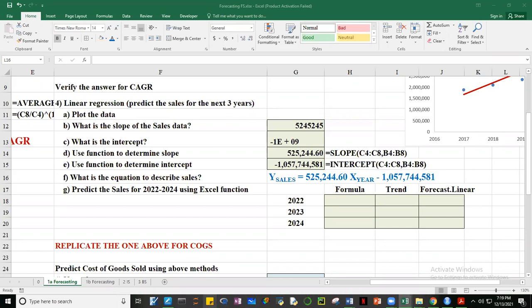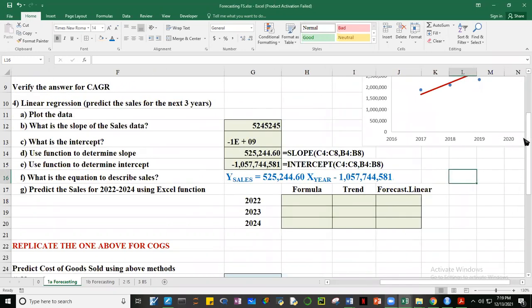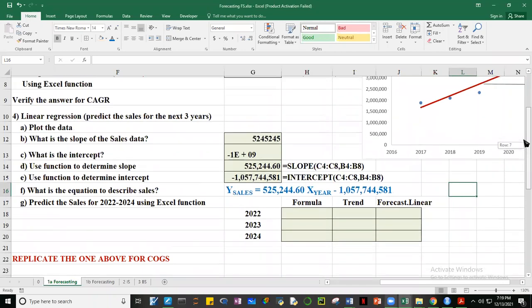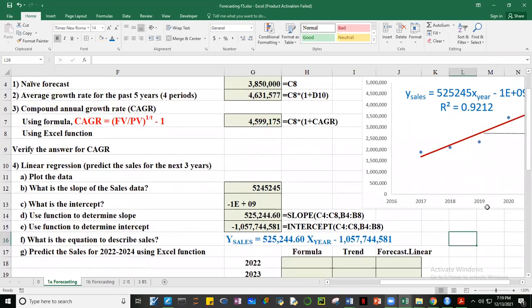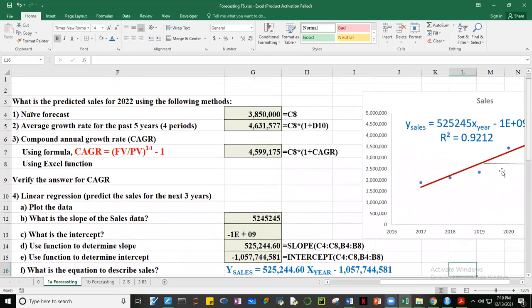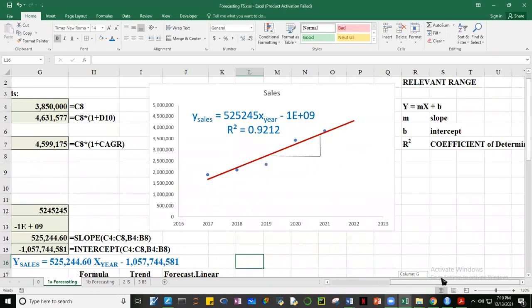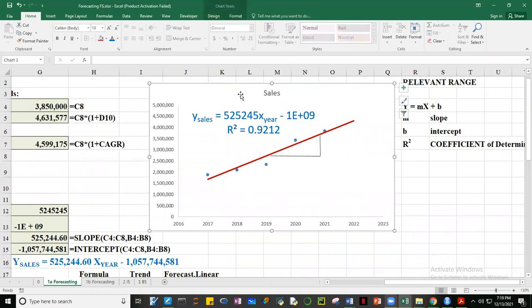Okay, good. Alright. So how were we able to compute for the linear relationship between your sales and your year? Di ba? Several ways that we did. Number one, prinint natin, tas kinuha natin yung trend line. Ang disadvantage nito, guys, minsan hindi natin makukuha to, no?